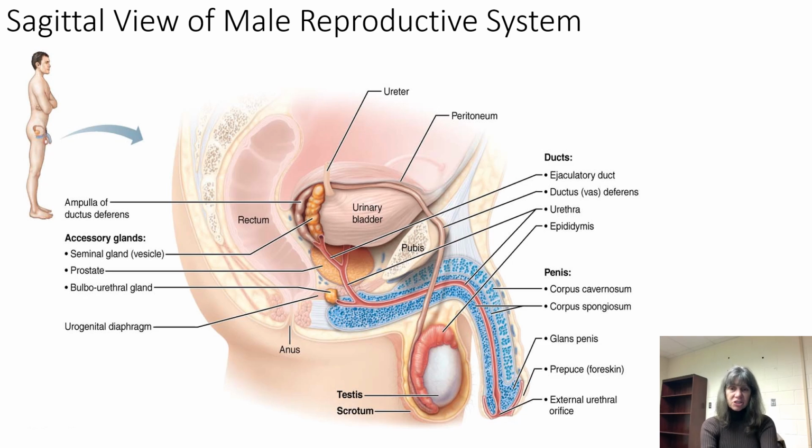There's an expansion of the penis towards the distal aspect known as the glans penis, and the skin covering the glans penis has an inner membranous lining that forms the prepuce or foreskin, and then of course we get to the external urethral orifice.